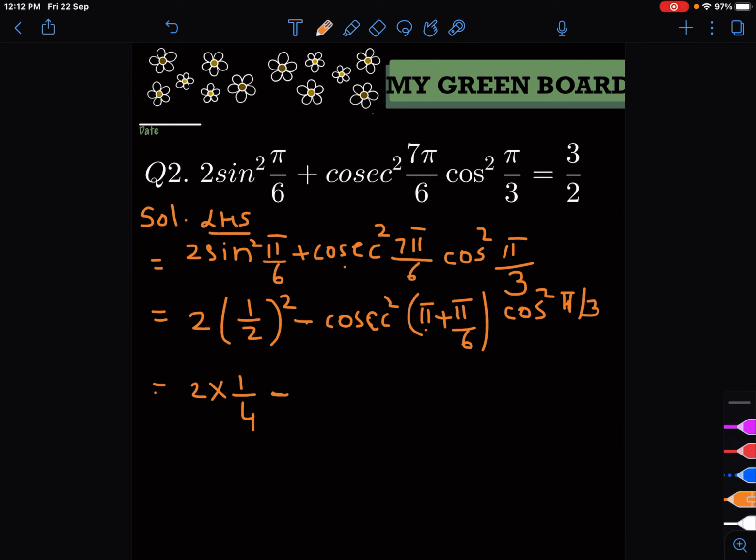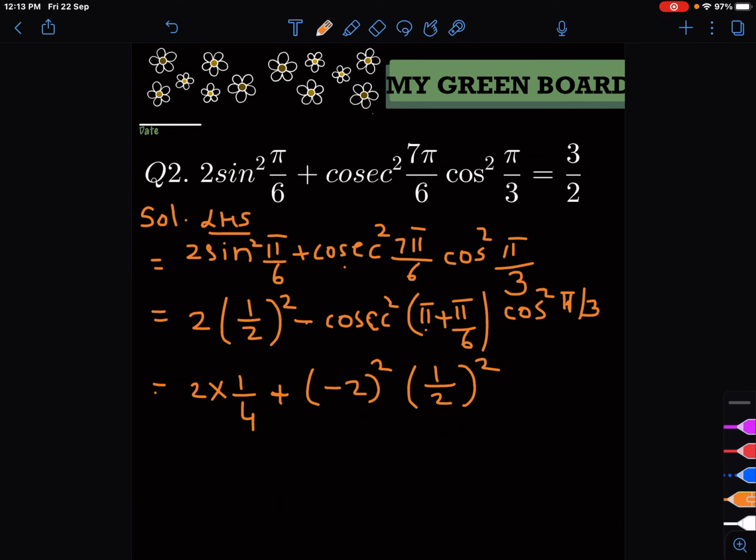So minus of plus of, this will become cosec of pi by 6, it will become minus 2 square. Understood? Into 1 by 2, cos square pi by 3 is 1 by 2 the whole square. Children, the value of cosec pi by 6 is cosec 30, which is 2.